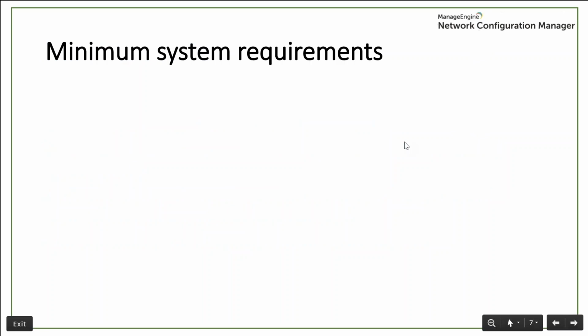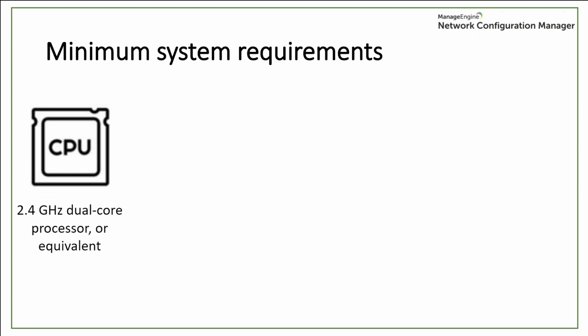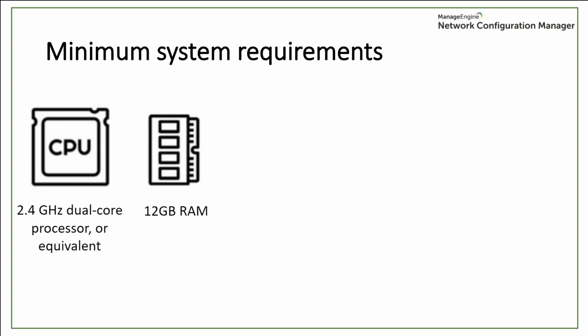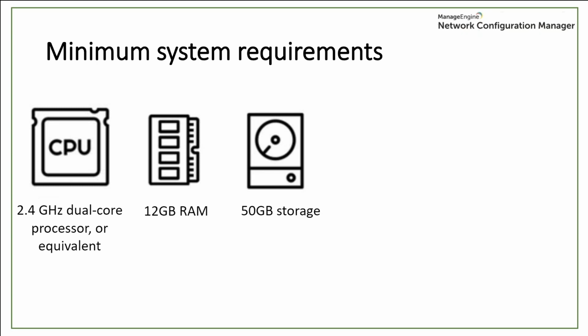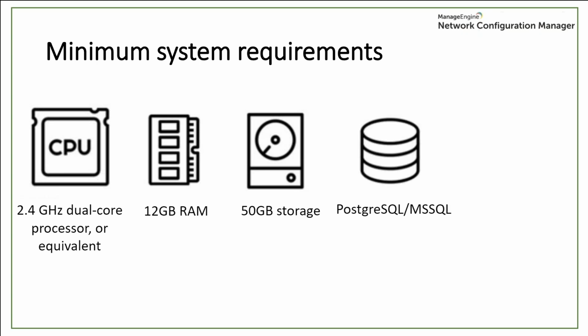Now, let me explain the minimum system requirements needed for NCM to be installed in your system. You will need a 2.4 GHz dual-core processor, 12 GB RAM, and 50 GB storage. NCM comes with a built-in PostgreSQL, but if you want, you can also use Microsoft SQL.